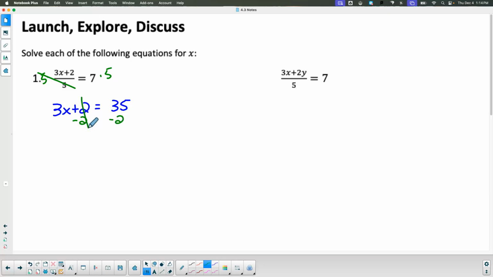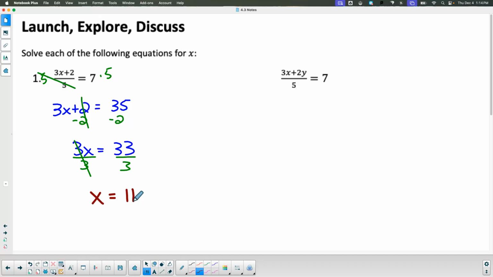Those 2's then cancel each other out. Leaves me with 3x equals 33. Next. Again. Not divide by 11. Divide by 3 to get 11. Yep. I knew what you were saying. Just wanted you to say it right. Okay. All right. So then we get x equals 11. There.